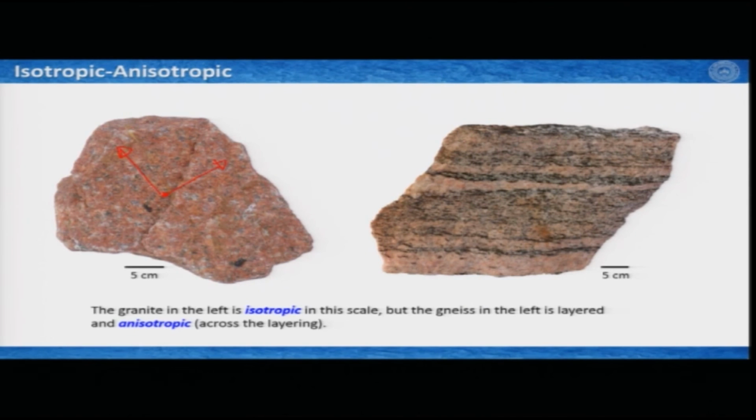However, in this sample, if I try to measure a property from here to here, then I actually encounter different layers. However, if I measure from here to here, the properties would remain the same because I am following the same material. With time we will know this is known as a transverse isotropic material, which is a layered material, and in most cases our rocks are so. So again the concept of isotropy and anisotropy could be something that you consider with respect to the scale.